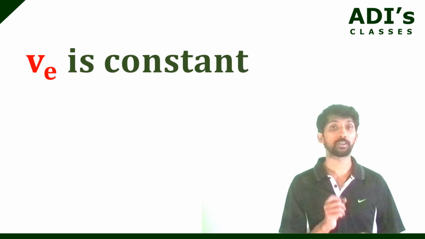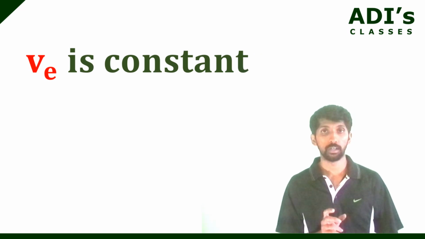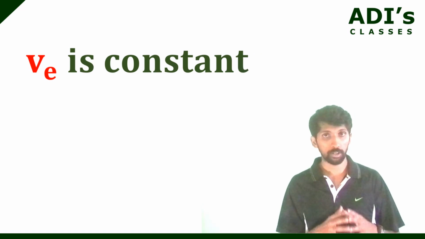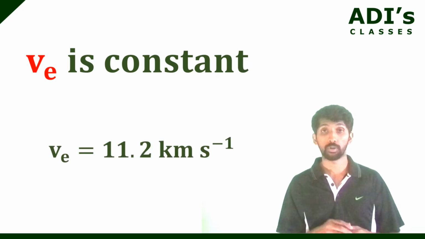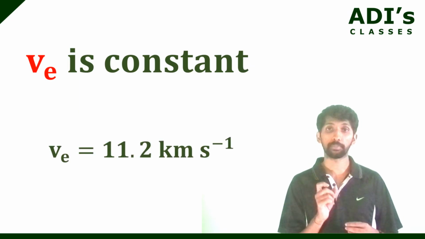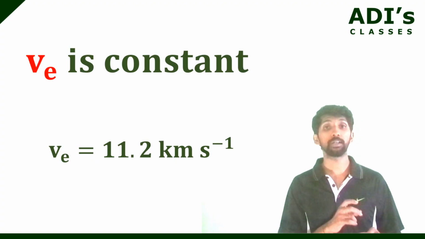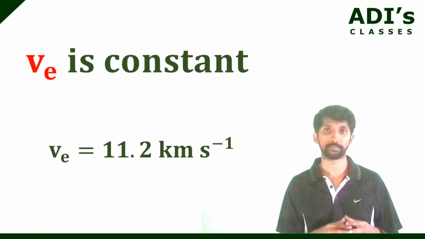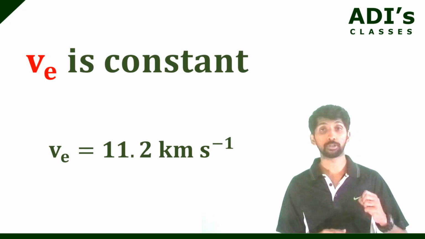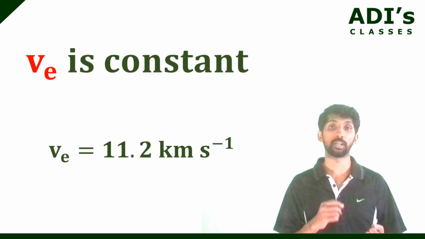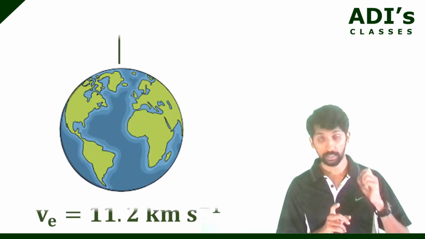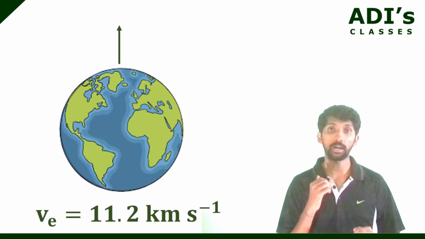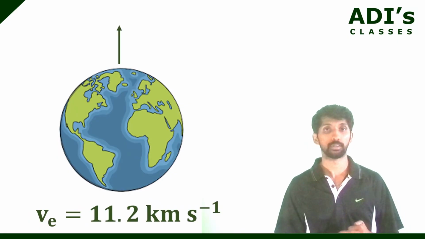If you apply the values, because Me, Re and G are known, we get a particular value, 11.2 kilometer per second. That is, if you throw an object at a speed of 11.2 kilometer per second, then that object can escape Earth's gravitational pull. So this is the formula for escape velocity.